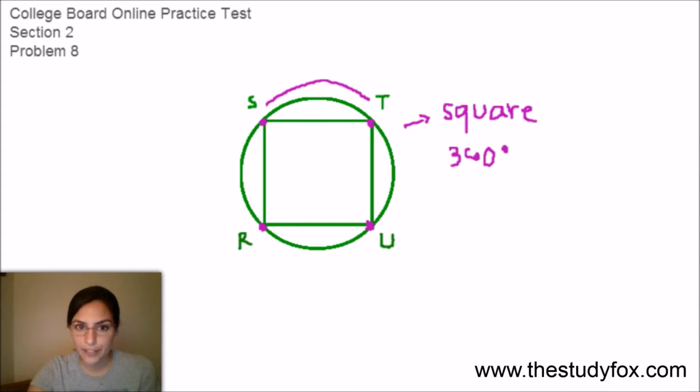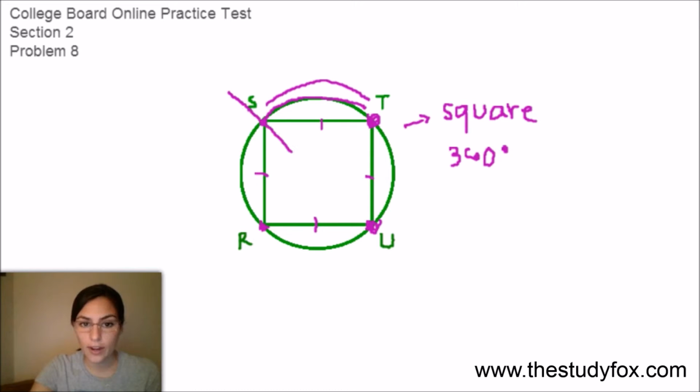We know that the inside figure is a square. And a square has equal sides, so I'm going to mark my sides, and equal angles. That means that the length from this point to this point is the same as the length of this point T to U, and U to R, and R to S. So if the distance of the points are the same, then that means that the degrees of the arc lengths are also going to be the same, right?